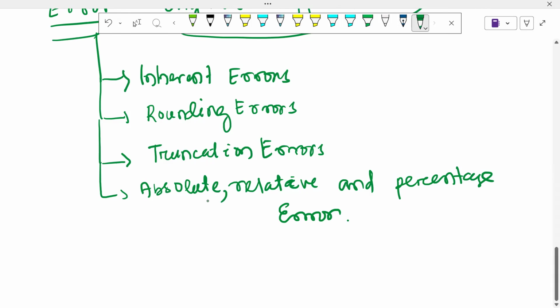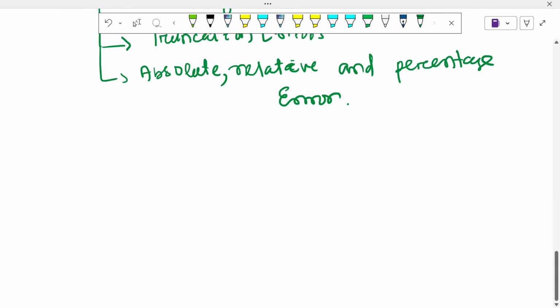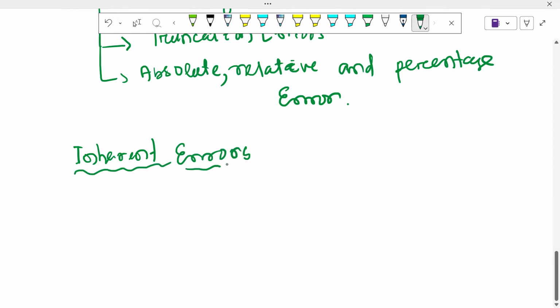So first we'll discuss inherent errors. What is the meaning of inherent errors? Errors which are already present in the statement of the problem, before its solution. Understood?